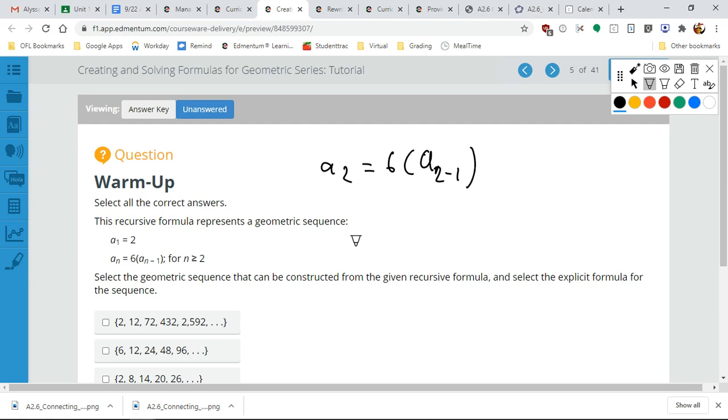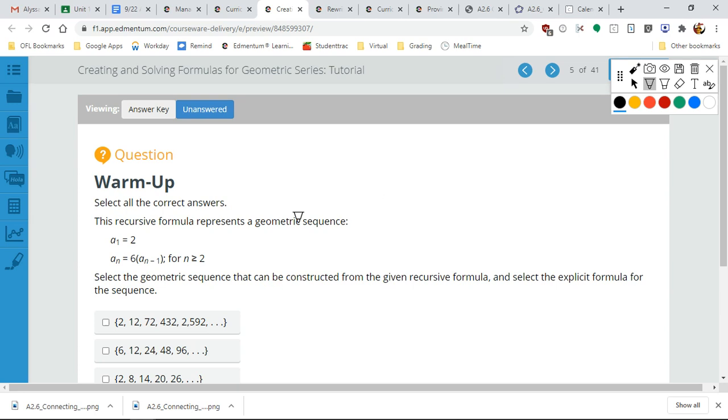So if I'm finding A sub 2, I'm really finding out what is 6 times A 2 minus 1, A sub 1, which is 2. So my second term is 12. It seems like a lot of work, but it's honestly not that bad.